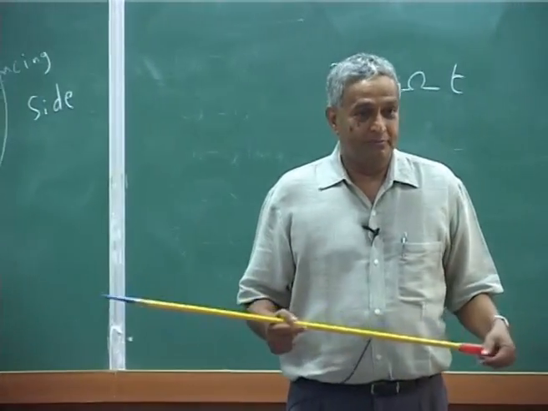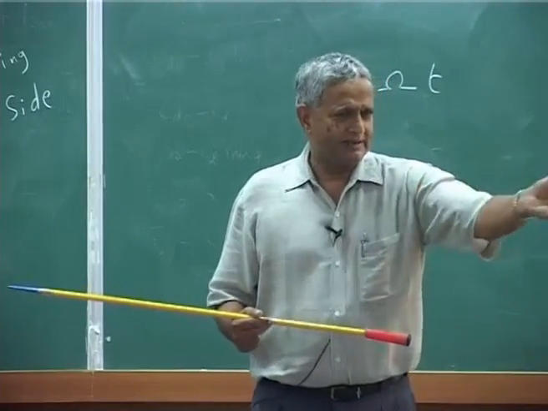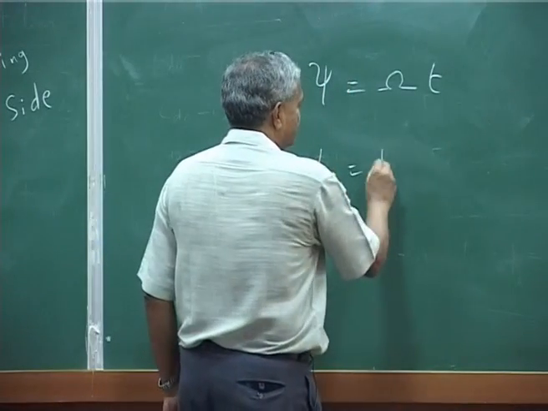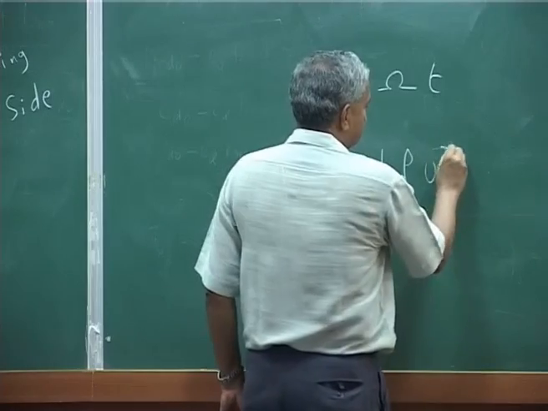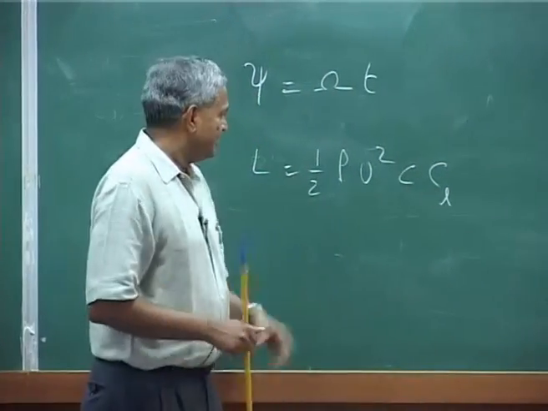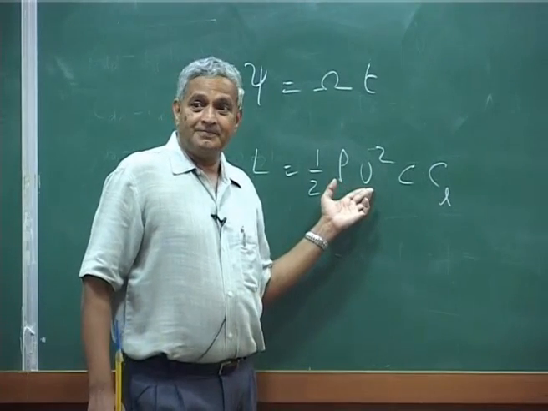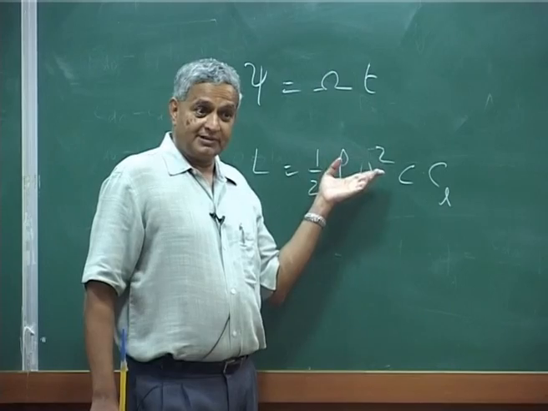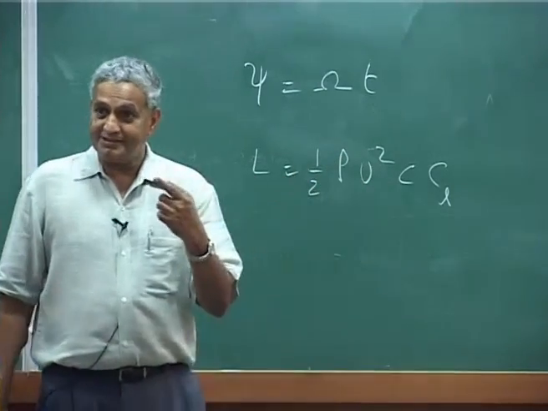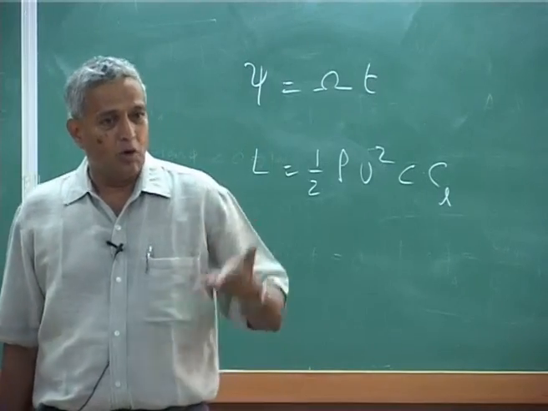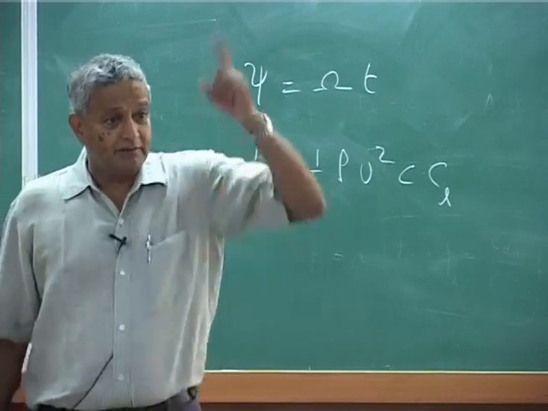Because of that, if you use directly the formula, lift is half rho, dynamic pressure, chord, CL, lift per unit length. This is time varying, and squared, that means if it is one harmonic it will go to two harmonic also. So, your loads are now time varying.